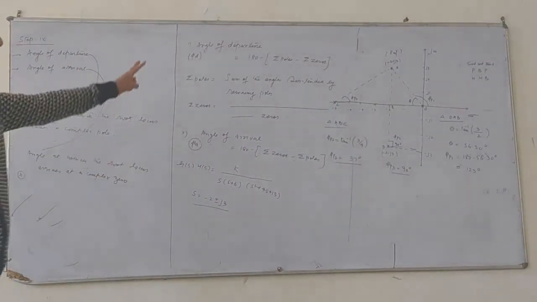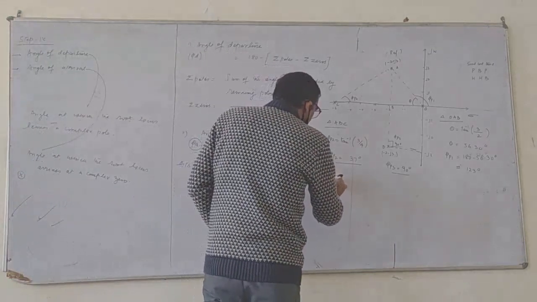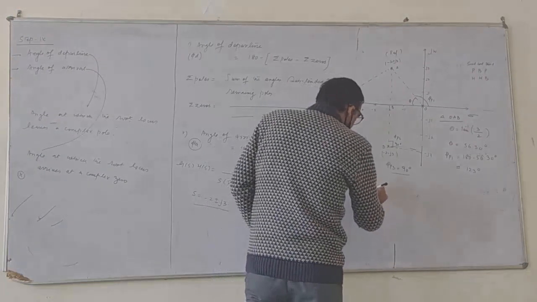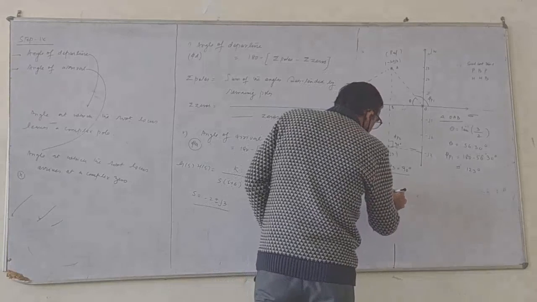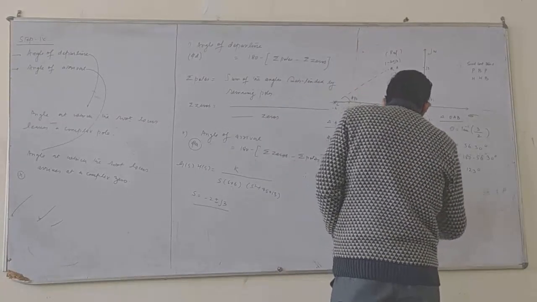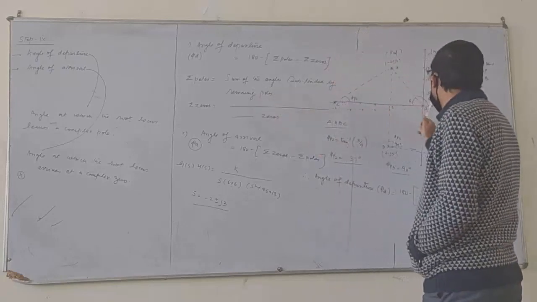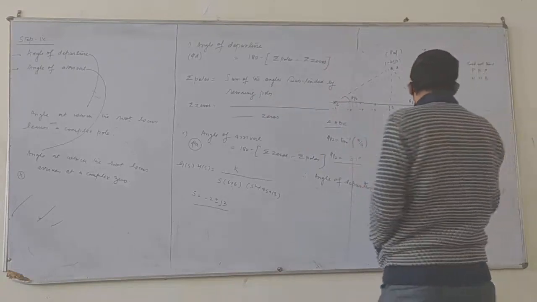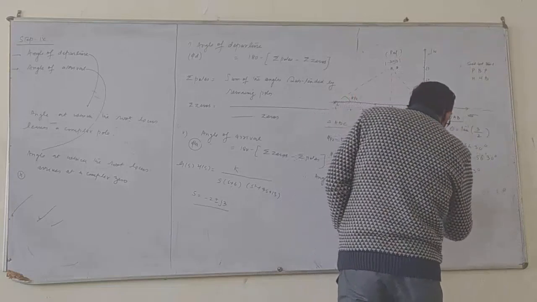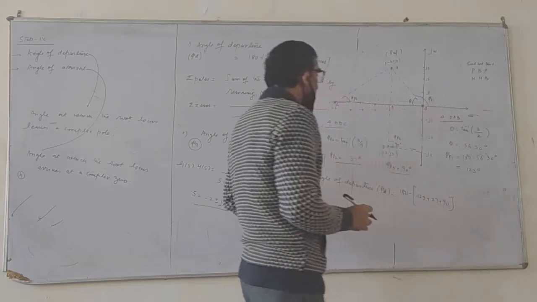Now we can calculate phi D, the angle of departure, because it's a pole. Let us denote it by phi D, it will be 180 minus the summation of the angles subtended by the remaining poles. So the remaining poles are this one and this one. The angles subtended are this 123, okay, plus 37 plus 90, and there are no zeros.